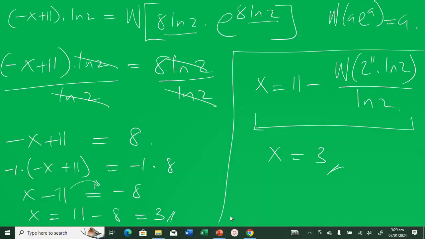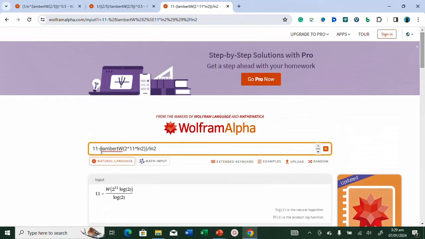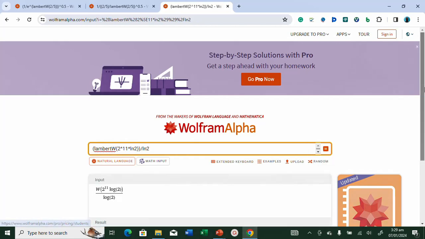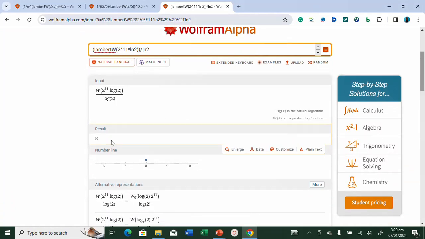Okay, let's check. Now, this expression, we say is 8. Let's see. We got 8. Let's now remove this minus. It will still be the same, 8. Now, let's just click. So, we have 8. Correct.